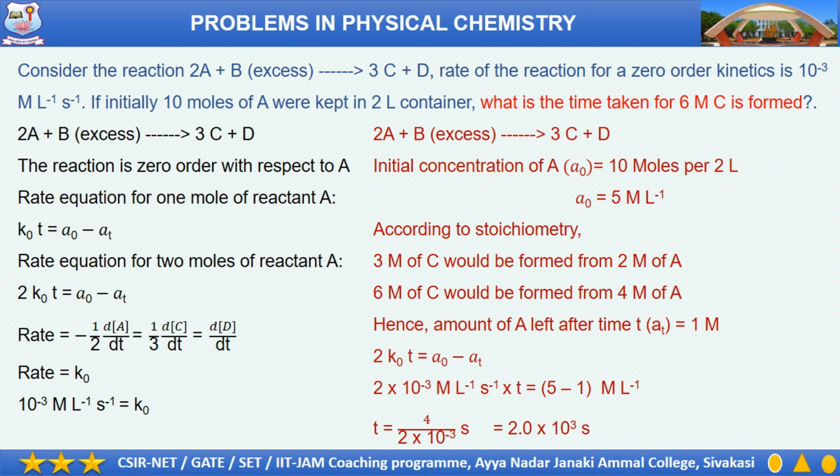Therefore, how many moles of A would be consumed? 4 moles. Therefore, the amount left would be 1 mole. 5 minus 1 divided by this one. That is the time taken for the formation of 6 moles of C. If anybody asks how many moles, say 8 moles of C formed, whether it is right data or wrong data, you can't give any number of moles.